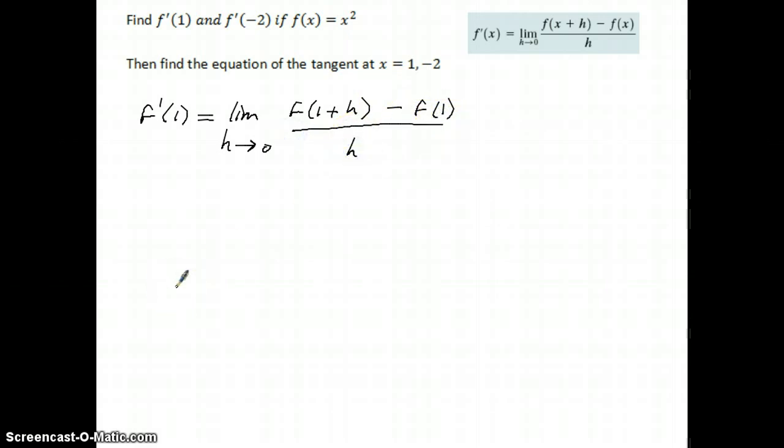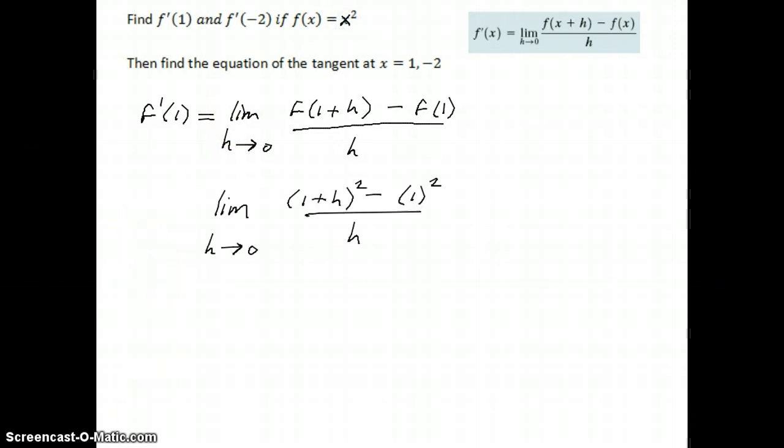Okay, so we need to plug in some values into the x within our function. Let's see what that looks like. Alrighty, we've plugged in our values and we have this algebraic expression that we need to deal with. We have the limit as h goes to 0 of 1 plus h squared.